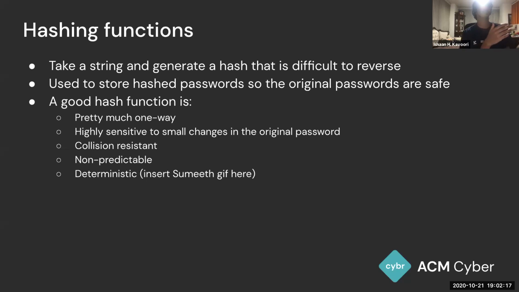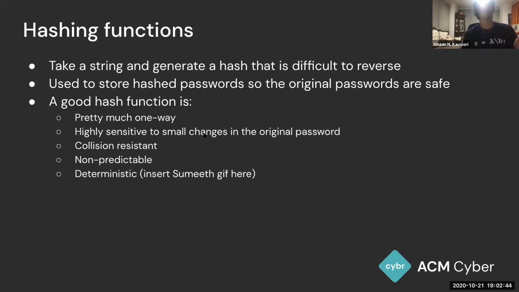It's highly sensitive to small changes in the original password, so it's not easy to predict what a hash is based on a small change in the original password. It's collision resistant, which means you're not going to get the same hash for two different plausible passwords.